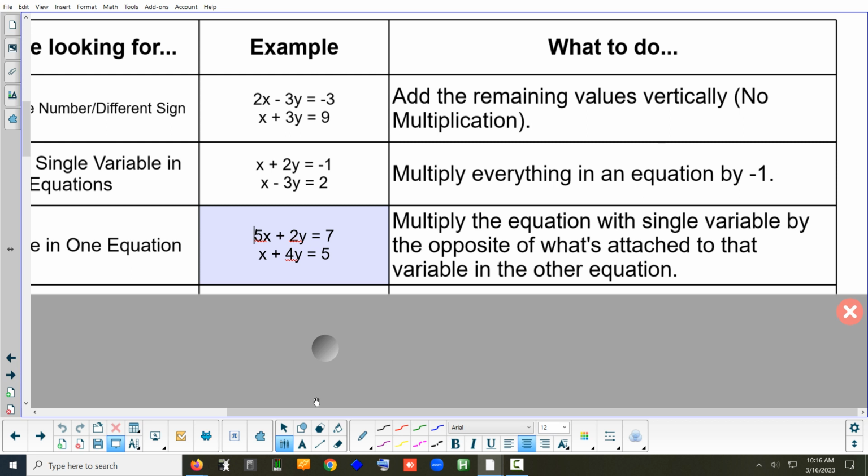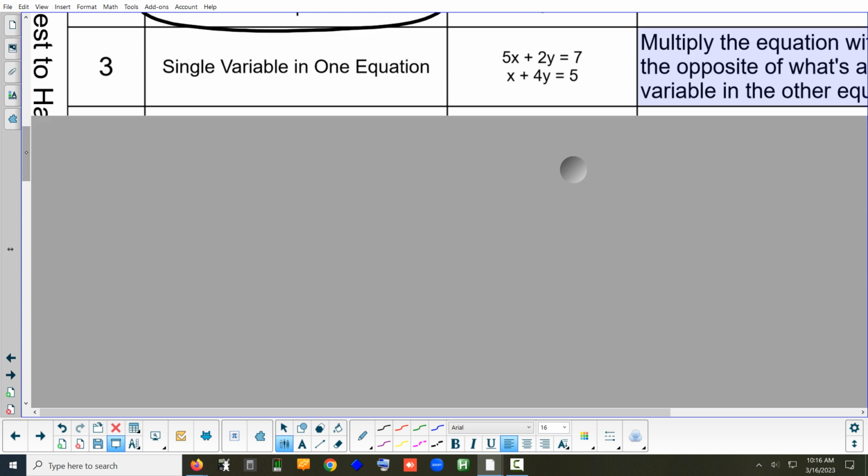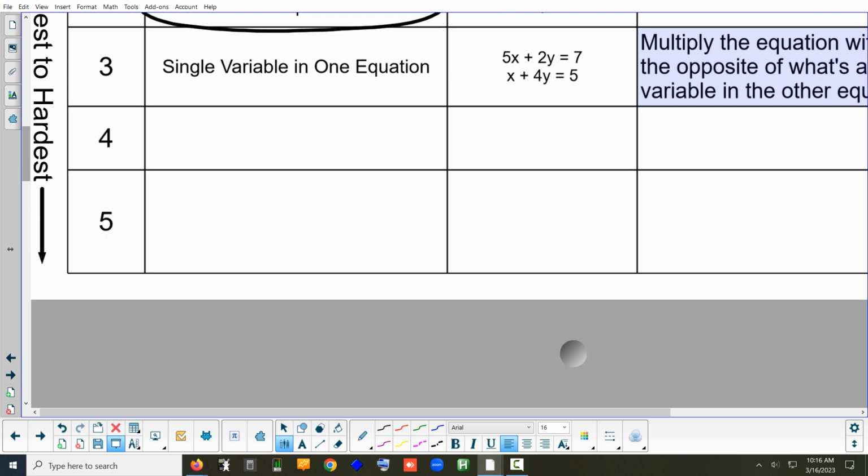Okay, does everybody have the what to do box copied down? Okay, so there's still a situation 4 and 5, but those are going to save for the guided notes tomorrow.